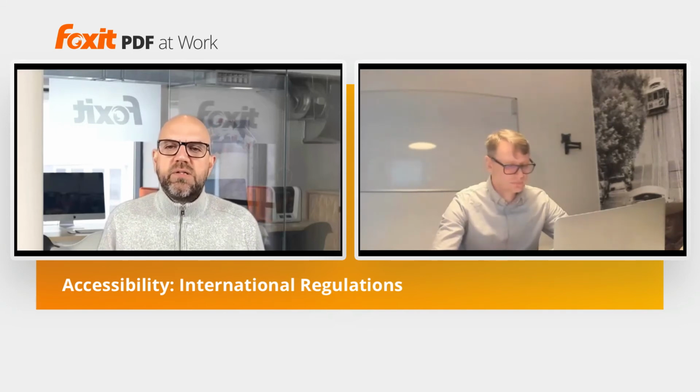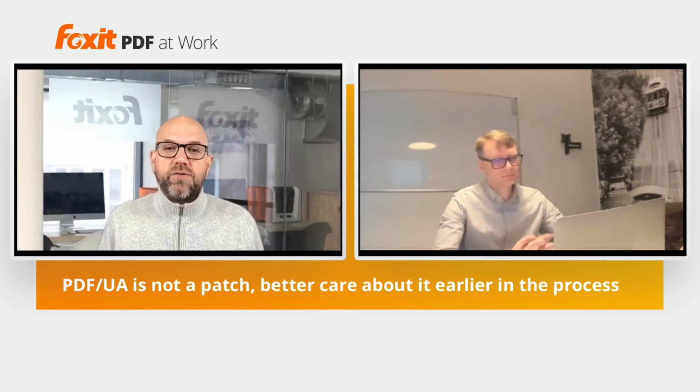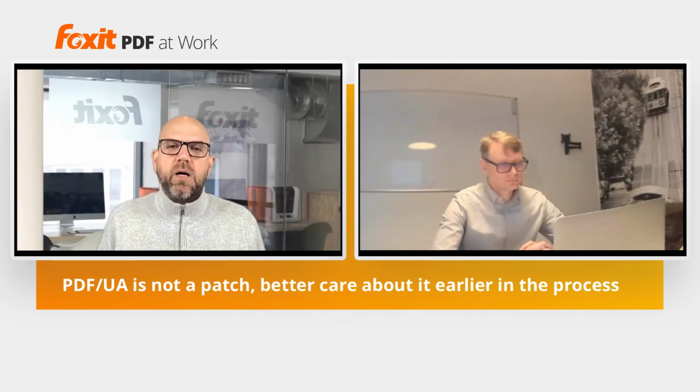It's this rule set that helps you check UA compliance of your files. And again, take a look at accessibility as a holistic approach, and not just as a patch afterthought. That is, I guess, the main recommendation.